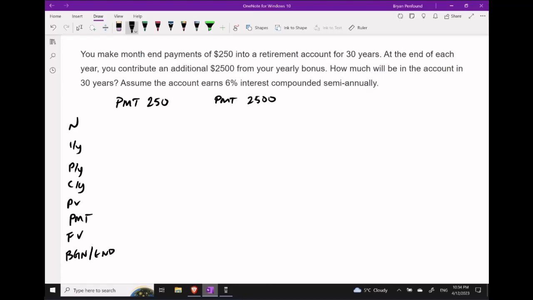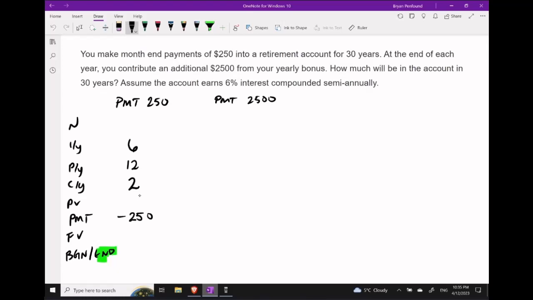For the payments of $250, let's take them as negative $250 since we're going to put them into our savings account. These payments happen at the end of every month. So our frequency number here should be 12. For these payments, they should be earning 6% interest compounded semi-annually.